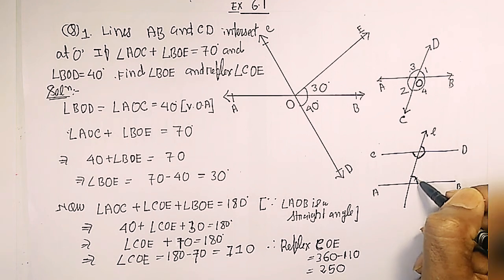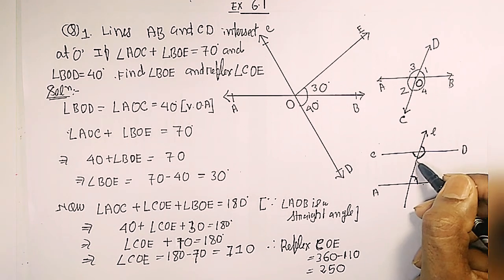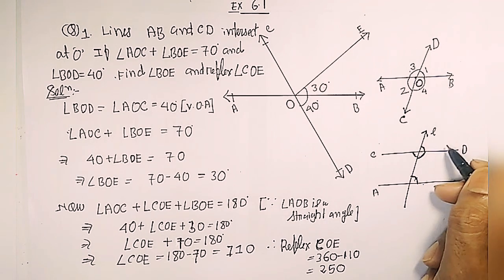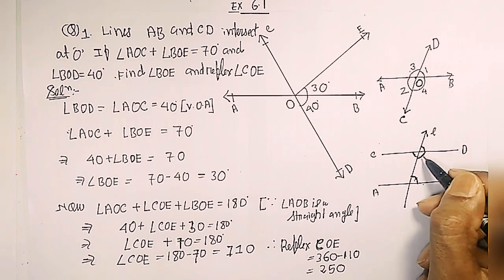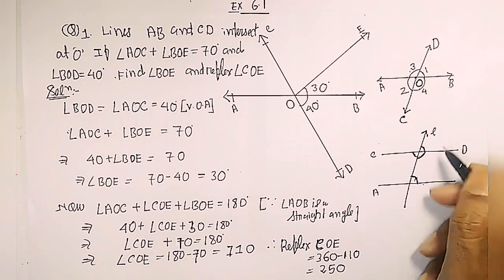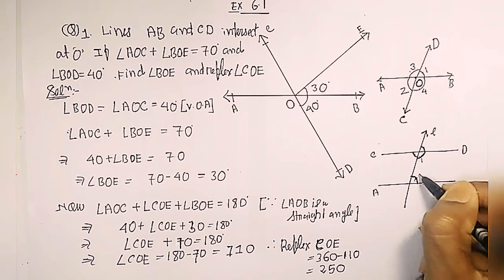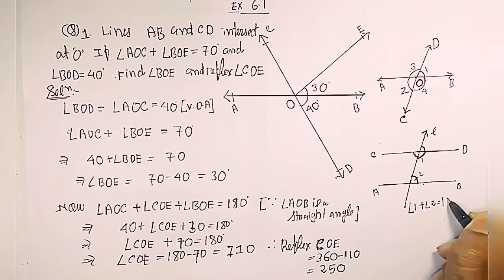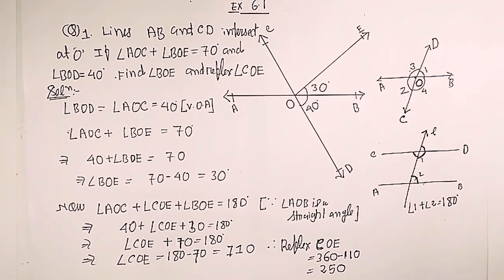These are known as co-interior angles. So co-interior angles are what? Both angles should be lying on the same side of the transversal, and the sum of the two angles should be 180 degrees. That means if it is angle 1 and angle 2, then angle 1 plus angle 2 equals 180 degrees. So co-interior angles are supplementary.